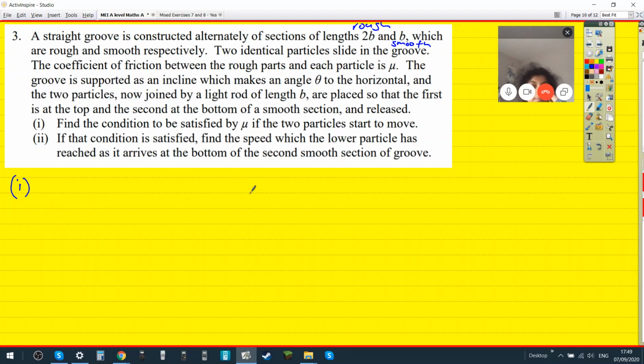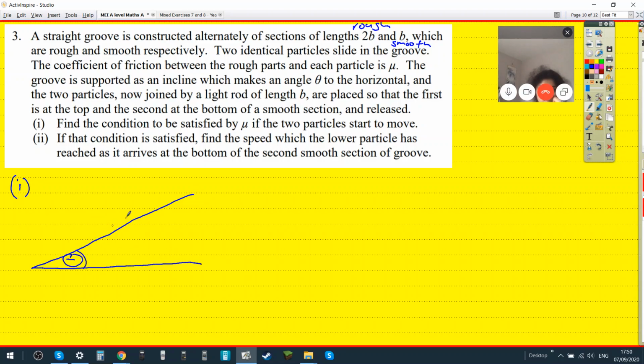The coefficient of friction between the rough parts is mu, on length b. So it looks something like that.